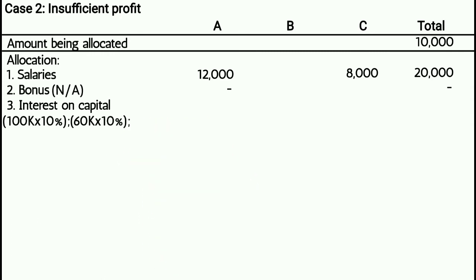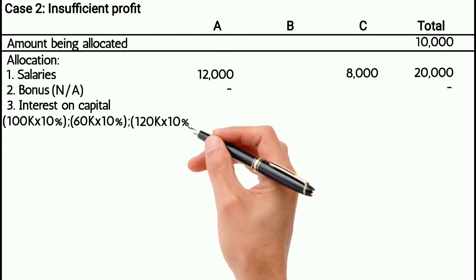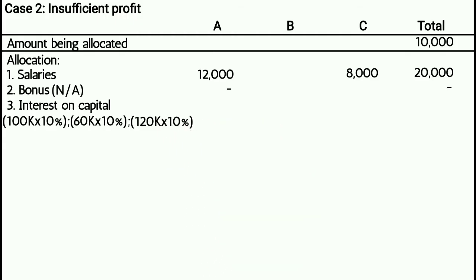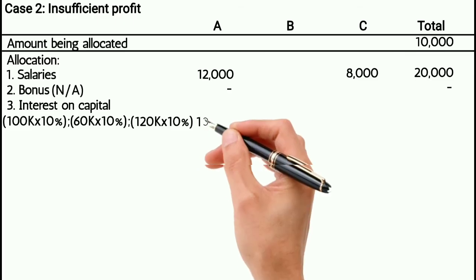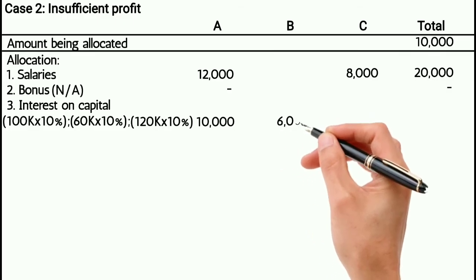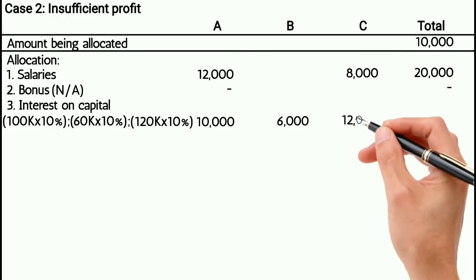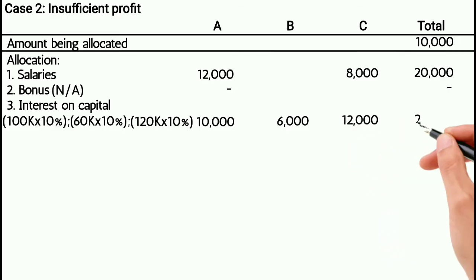At para kay C, imumultiply natin yung 120,000 pesos sa 10%. 100,000 pesos times 10%, that is equal to 10,000 pesos. 60,000 pesos times 10%, that is equal to 6,000 pesos. 120,000 pesos times 10%, that is equal to 12,000 pesos. All in all, 28,000 pesos.